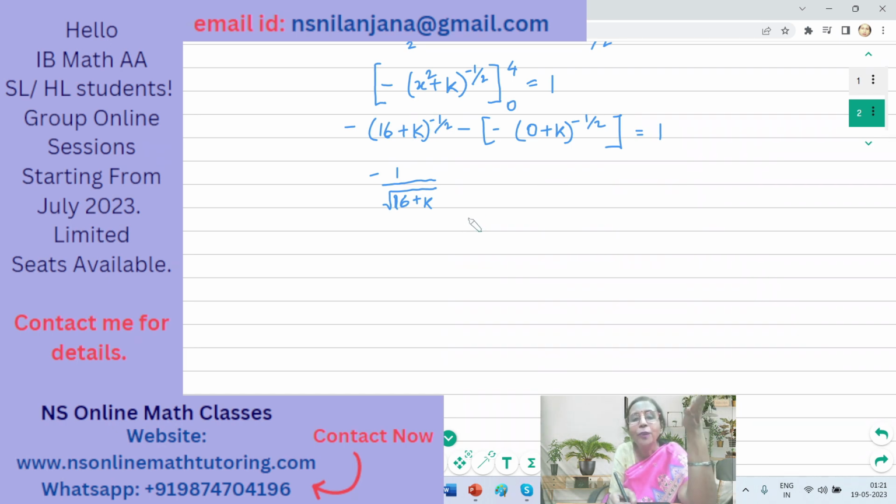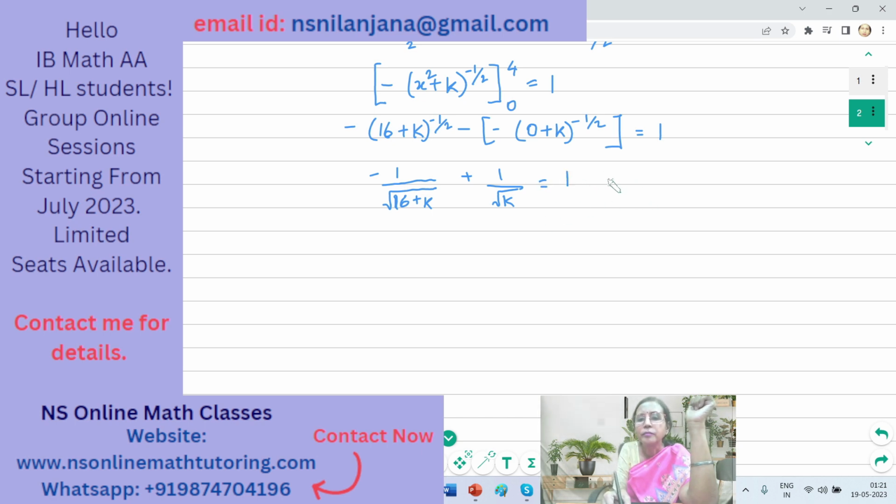Because we didn't know from where will we be getting the number 16. But now we are at least seeing the square root of 16 plus k. This part has come. Okay. And minus of minus is plus, so it is plus 1 over root k, should be equal to 1.